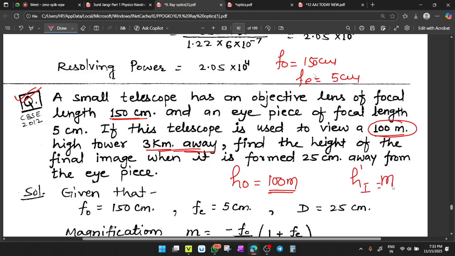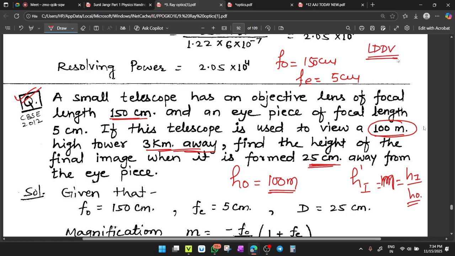By using the formula, magnification is equal to hi upon ho. So you have to use finally the magnification. But before that, find the height of the final image when it is formed 25 centimeter away from the eyepiece. This means the case is valid when your final image is formed at LDDV.